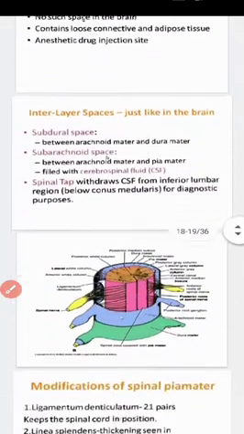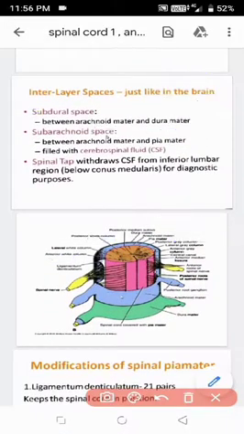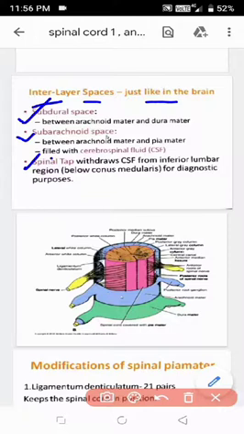If we give any anesthesia drug, the injection site is the epidural space. And coming to the interlayer spaces, just like in the brain, we have the subdural space, the subarachnoid space, and the spinal tap. The subdural space is between the arachnoid mater and the dura mater.